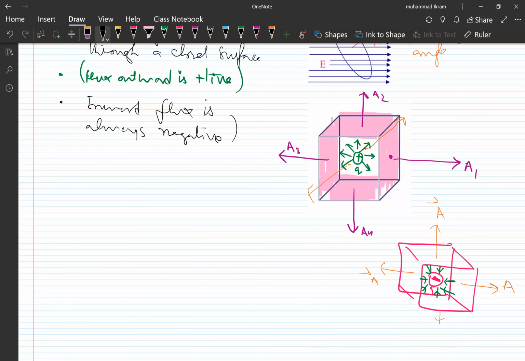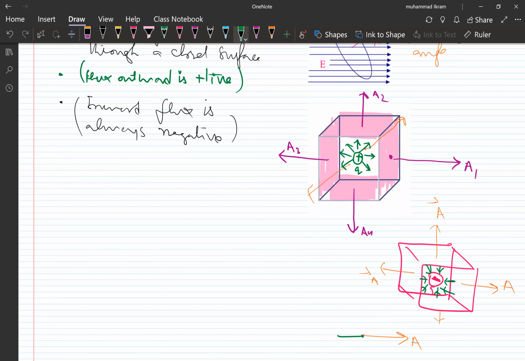Why is the inward flux negative? It is because, look, what happens? You have here the area vector, A, and you have here the electric field intensity, E, the green one. Better to do that so that you can understand by colors.